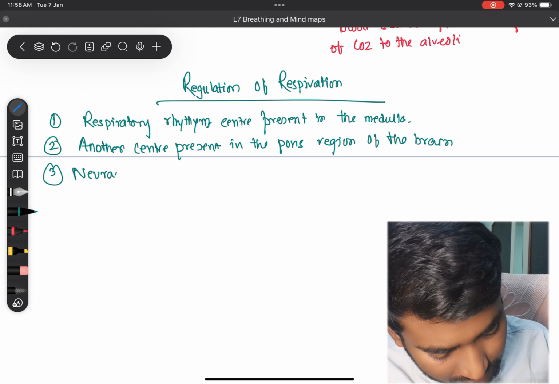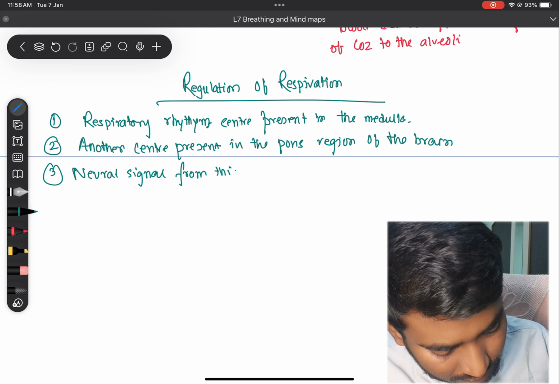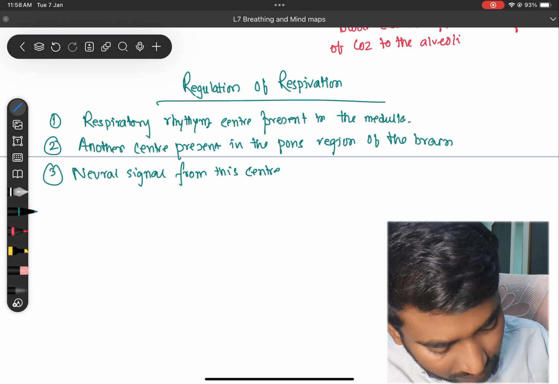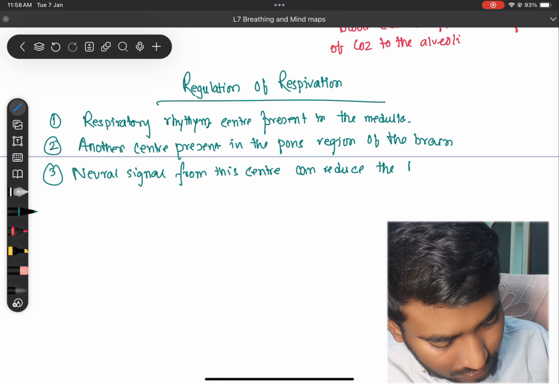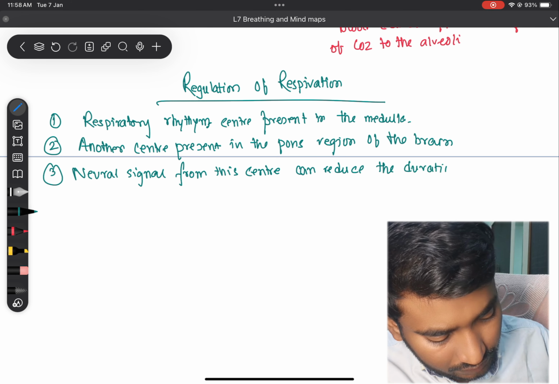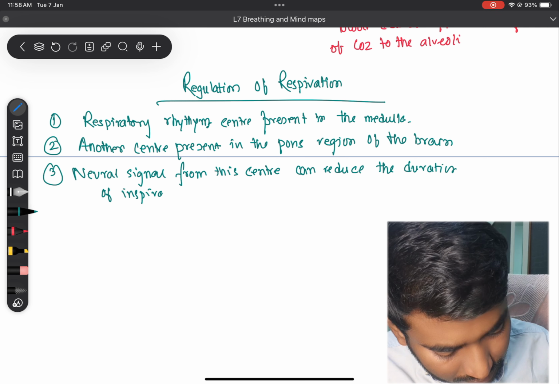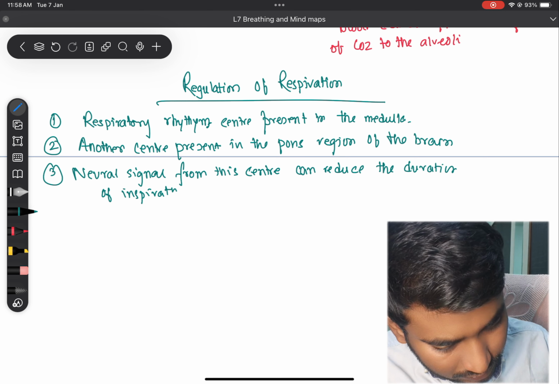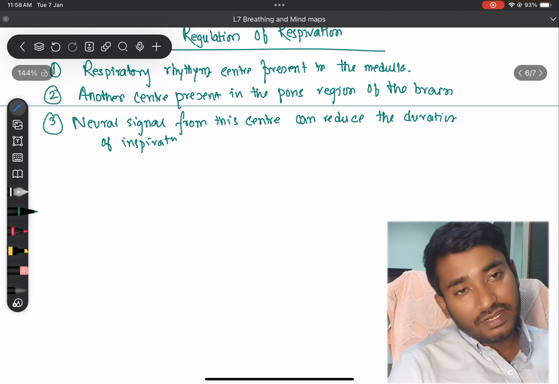Third, a neural signal from this center can reduce the duration of inspiration. Okay. Now a chemosensitive area is also there.